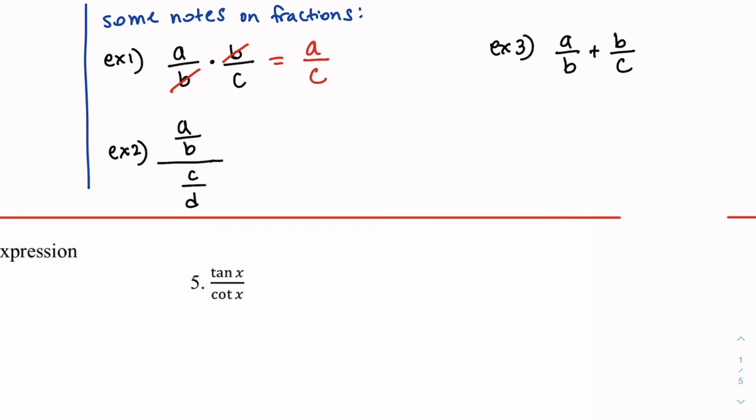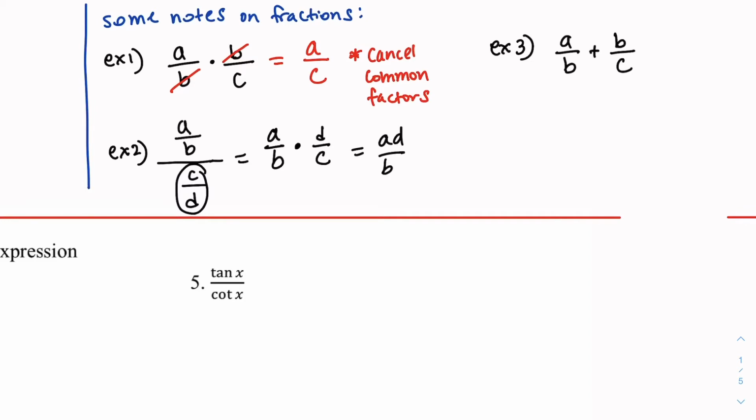So when it comes to multiplying, we can cancel our common factors. On the other hand, in example 2, when I'm dividing fractions, we are going to rewrite that as a over b times, instead of c over d, I'm going to multiply by the reciprocal, so that'll be d over c. So my final answer will be ad over bc.